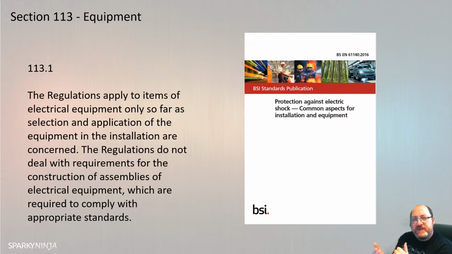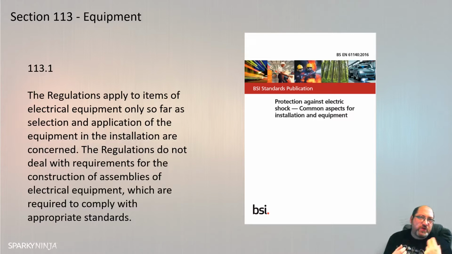As far as BS7671 is concerned though, what we need to do is identify, when we select a piece of electrical equipment, the environment it will be used in, the competency of the user, whether they're ordinary or they're skilled or instructed, if training is required, and most importantly, the suitability of the equipment for the demand placed upon it. Will its life be diminished in the normal selection?